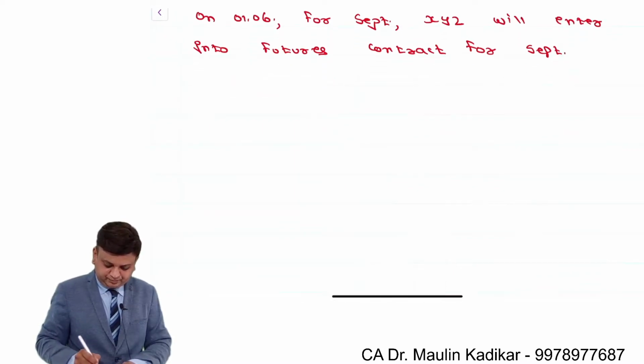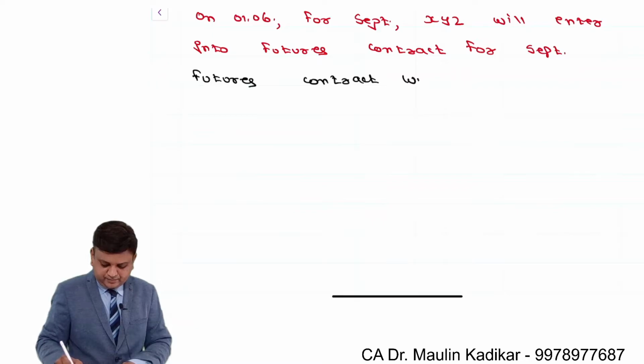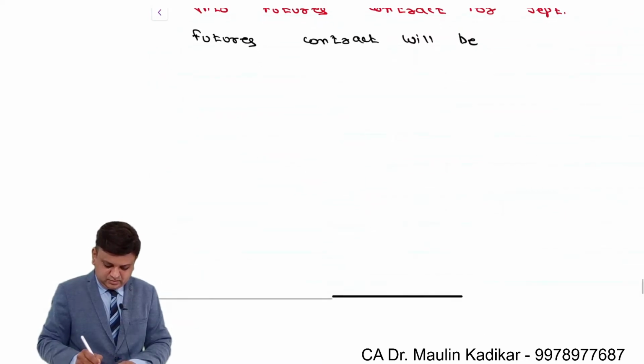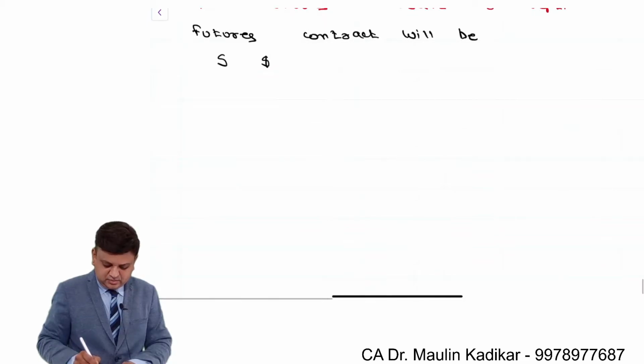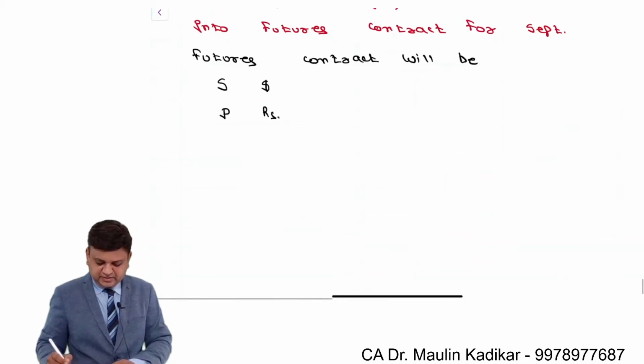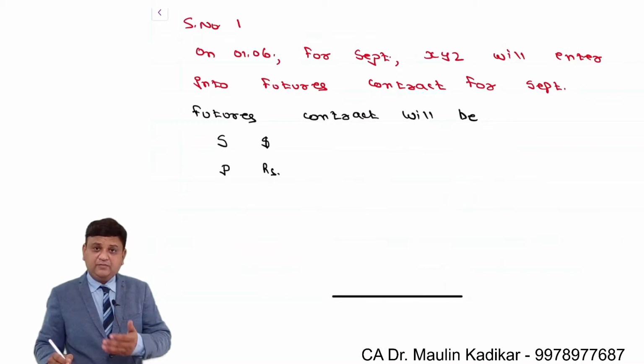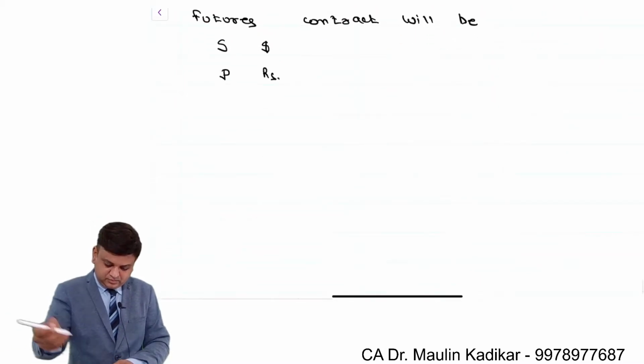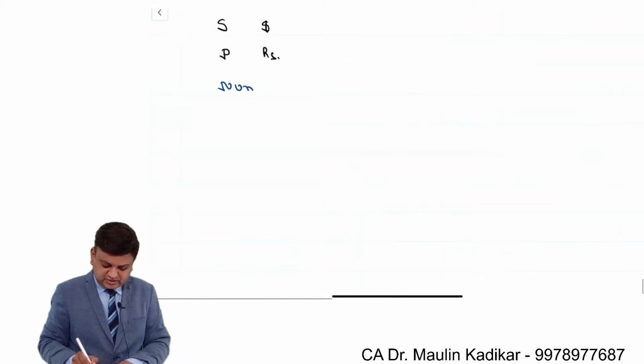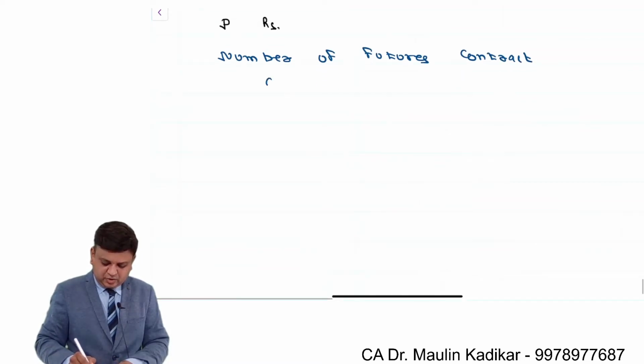Full stop. Futures contract will be sell of dollar and purchase of rupees. With paragraph write down number of futures contracts. In that contract and amount.